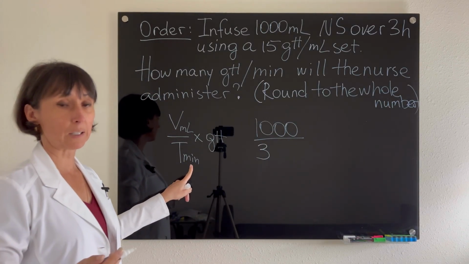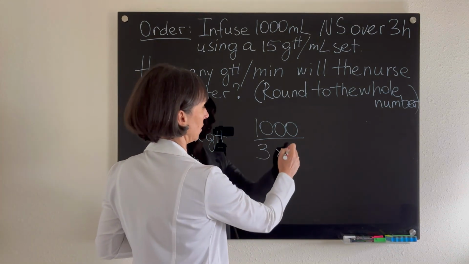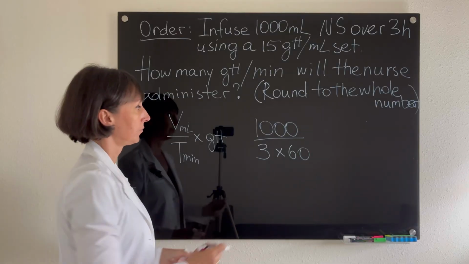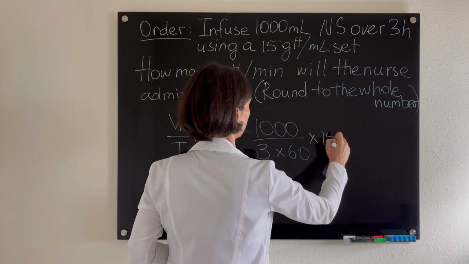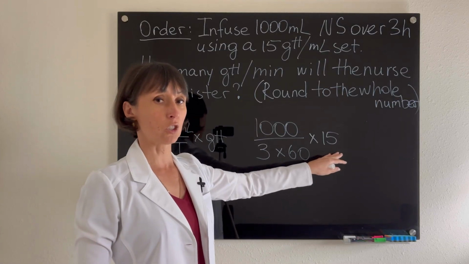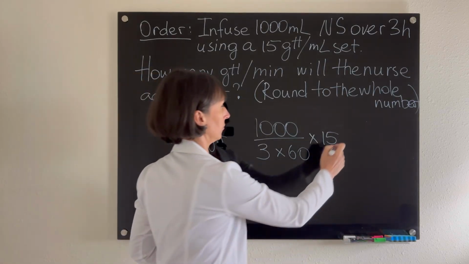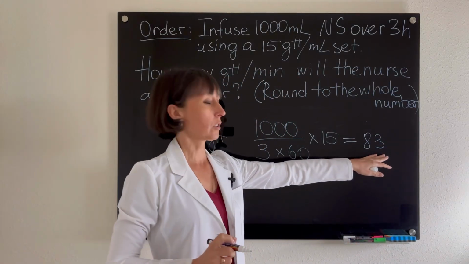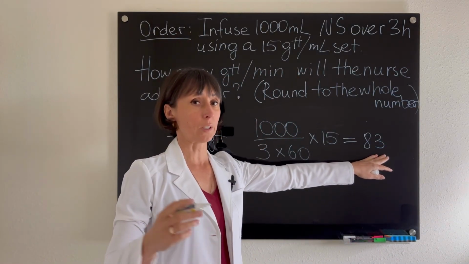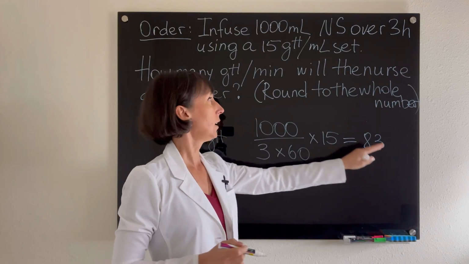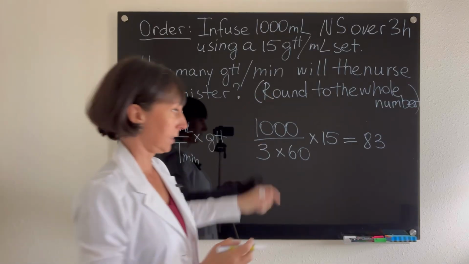There are 60 minutes in an hour. 3 times 60 will give us our minutes. Volume over time times GTT. On your calculators, you're going to get 83.333. We're rounding to the nearest whole number, which is 83 drops per minute.